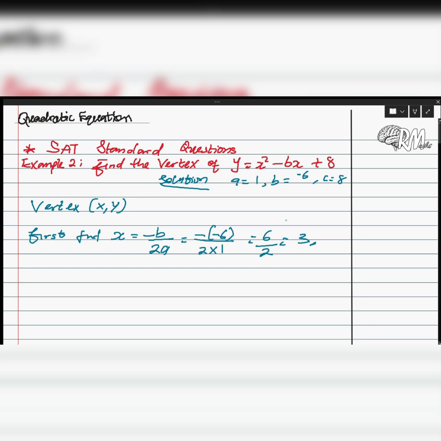It's just left for me to find y. And for me to do that, I will just have to substitute this x, which is 3, into the question. Then I'll have y equals 3 squared minus 6 bracket 3 plus 8. So y equals 3 squared is 9, minus 6 times 3 is 18, then plus 8.